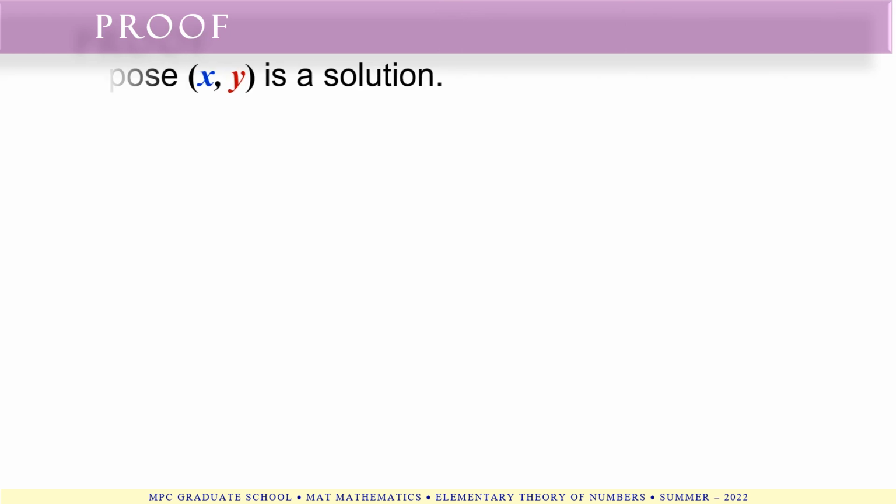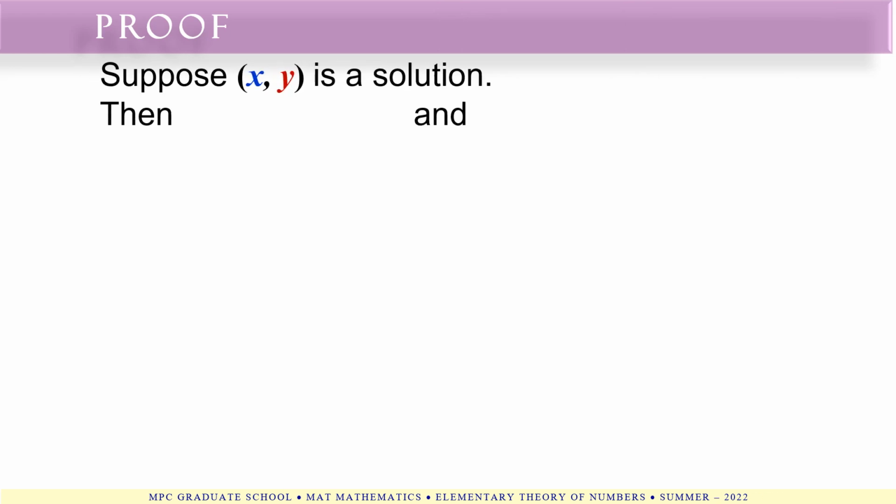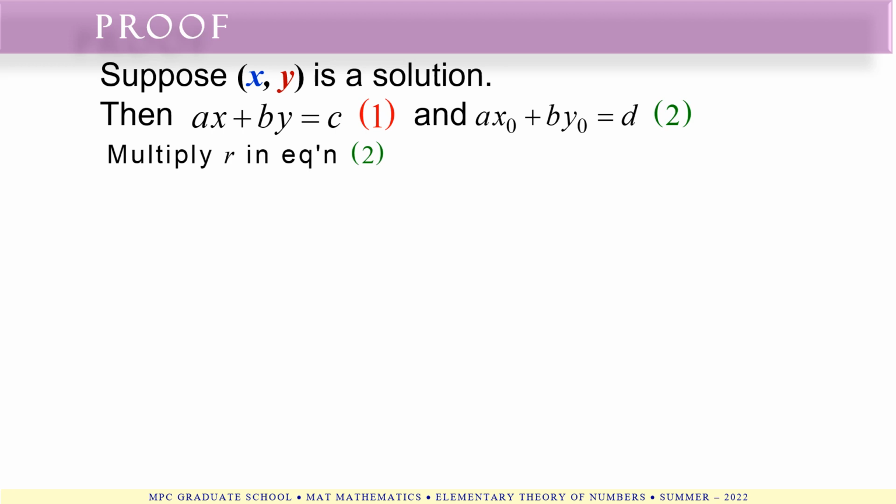Proof. Suppose (x, y) is a solution, then ax plus by equals c as equation 1, and a x sub 0 plus b y sub 0 equals d as equation 2. Multiply r in equation 2.